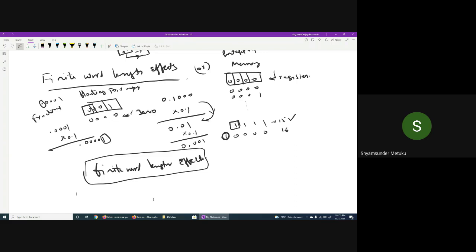If your algorithm demands at least 10 multiplications, you should go for more than an 8-bit microcontroller. Yes or no? Is that clear, sir? So we rectify this by selecting the proper bit size of the microcontroller or processor, so that I do not come across this kind of problem.